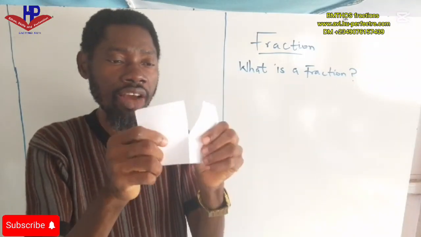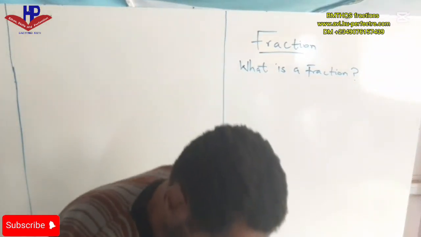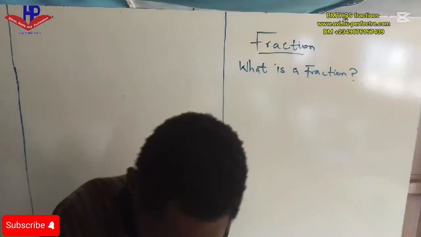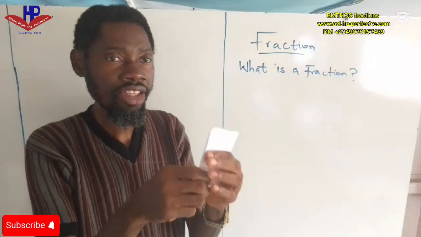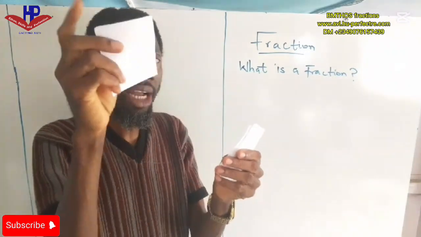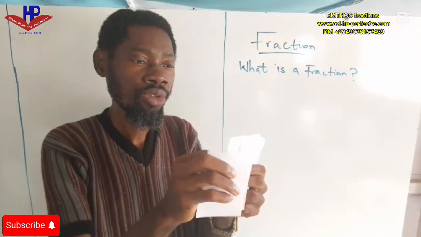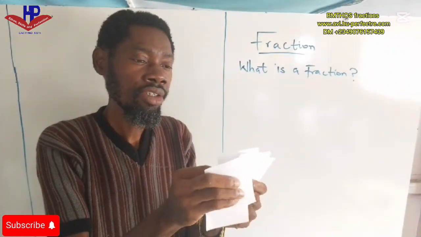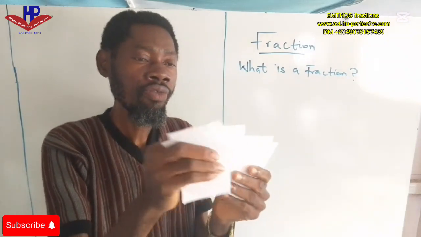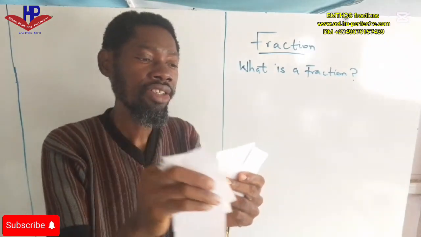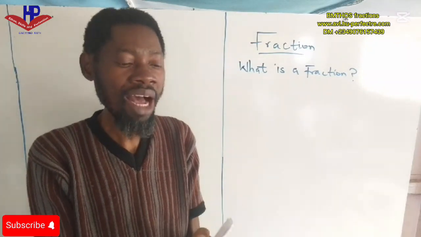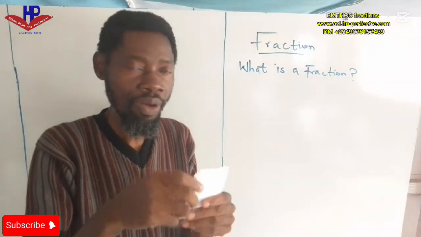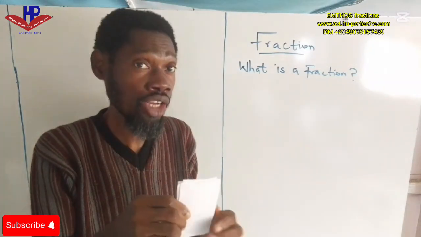You can see this carefully. Now we have 8 parts: 1, 2, 3, 4, 5, 6, 7, 8. So we have 8 parts of the whole shape that I showed you initially.